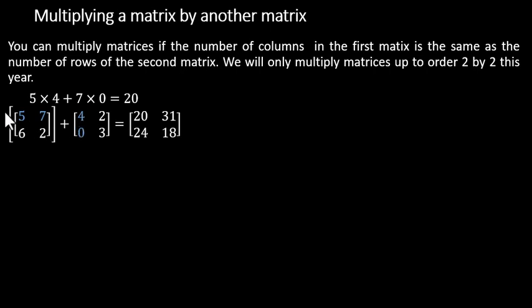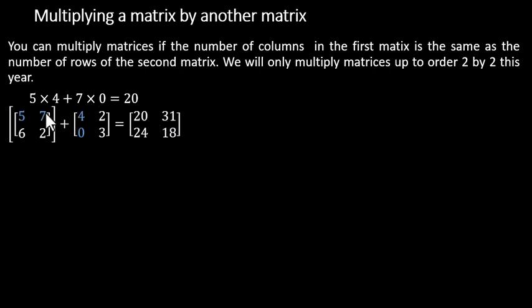So we have 5 multiplied by 4 plus 7 multiplied by 0, and we get 20. This applies to the second one as well, which is 5 times 2 plus 7 times 3, and we get 31.